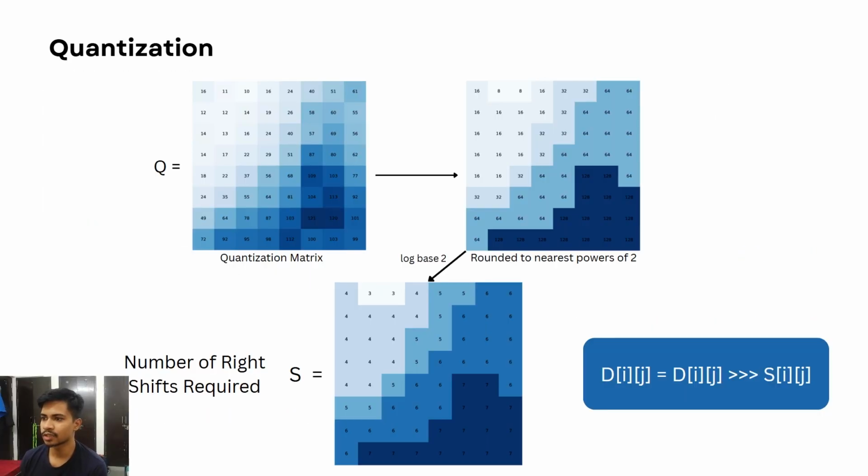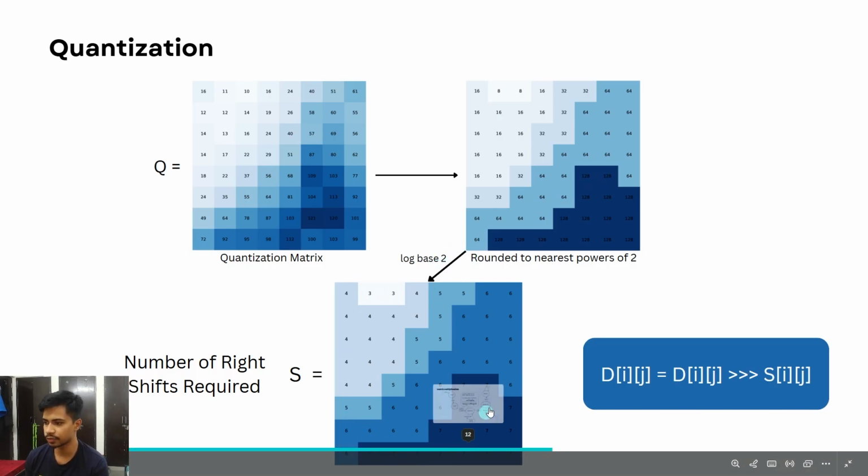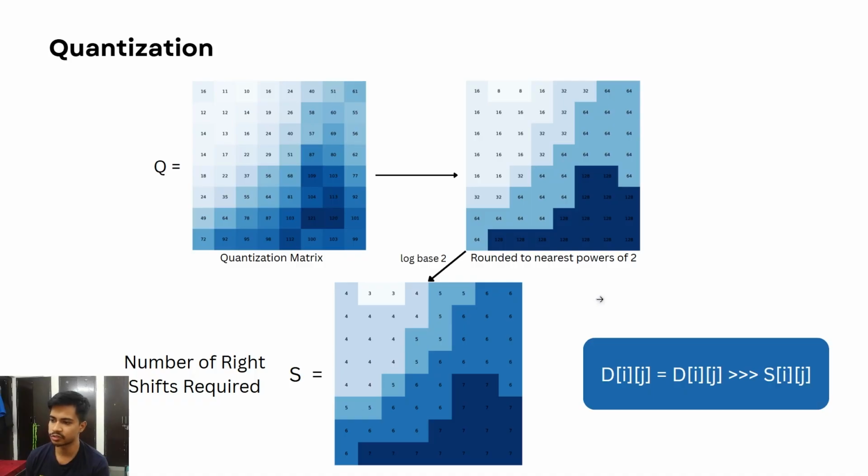Now I'll explain the quantization process, which we can optionally perform after calculating the DCT coefficient matrix. We have the standard quantization matrix, which we took from literature, and we rounded off each of the values to the nearest powers of 2 for ease of use. Then we took the log base 2 of each of the values to get the number of shifts required to divide the DCT values by the required amount.